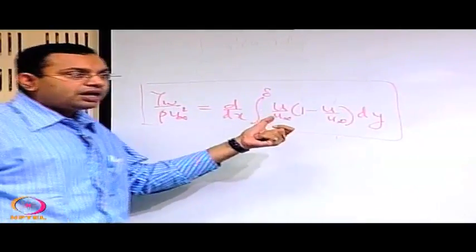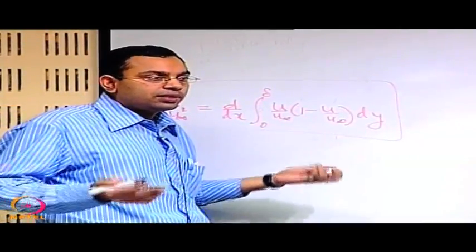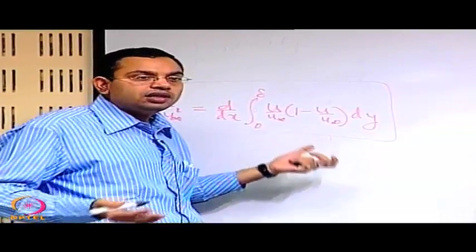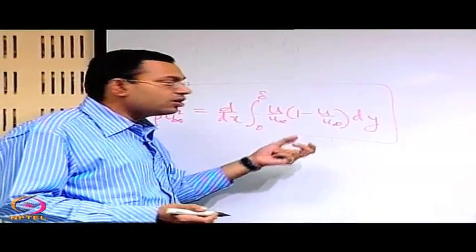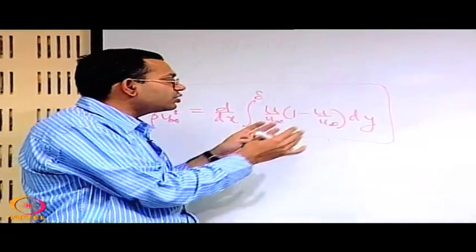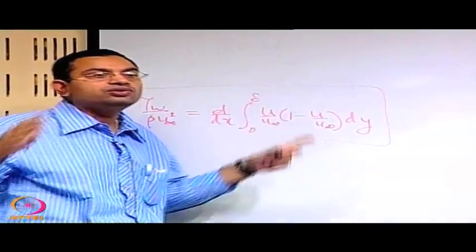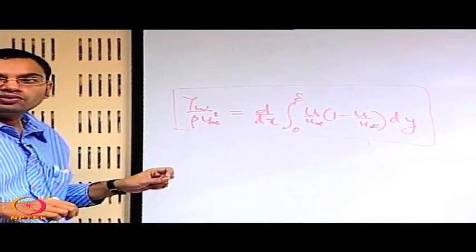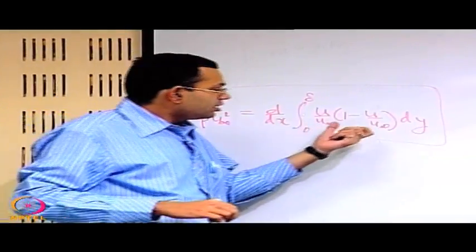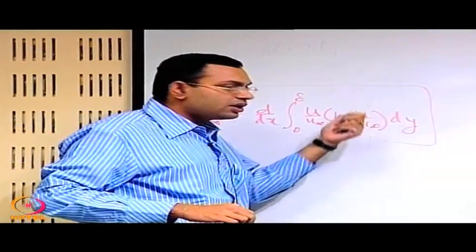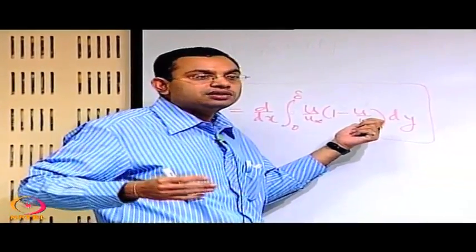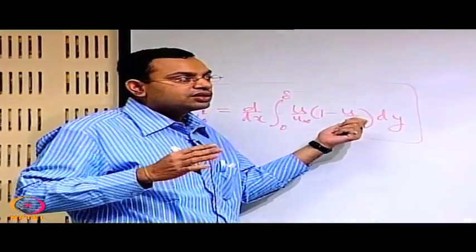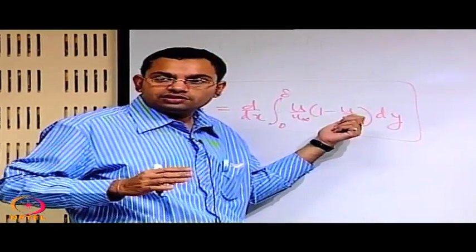Any velocity profile which you may choose or approximate in general will not be the correct one, because the correct one should come out of a detailed solution of the flow field and then what is exactly there within the boundary layer. But you may always substitute this velocity profile with some approximate velocity profile which satisfies your boundary conditions.